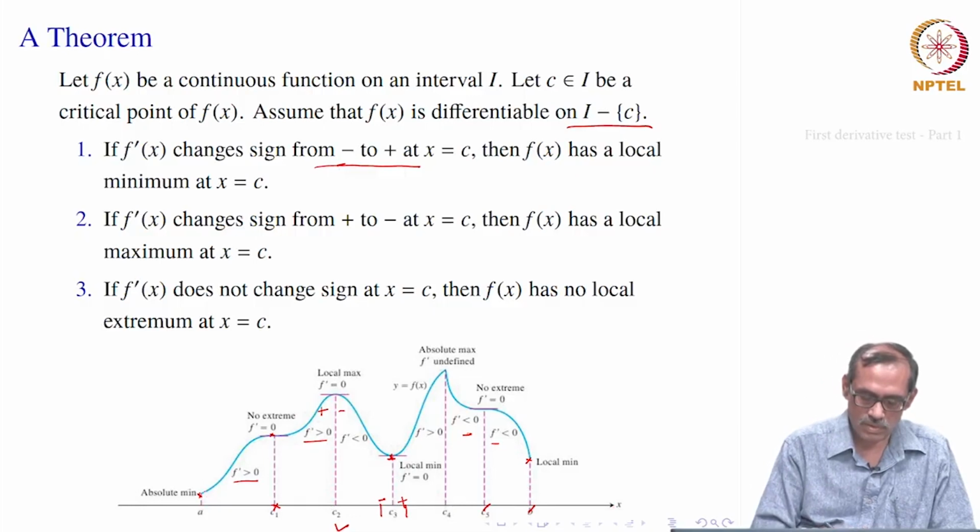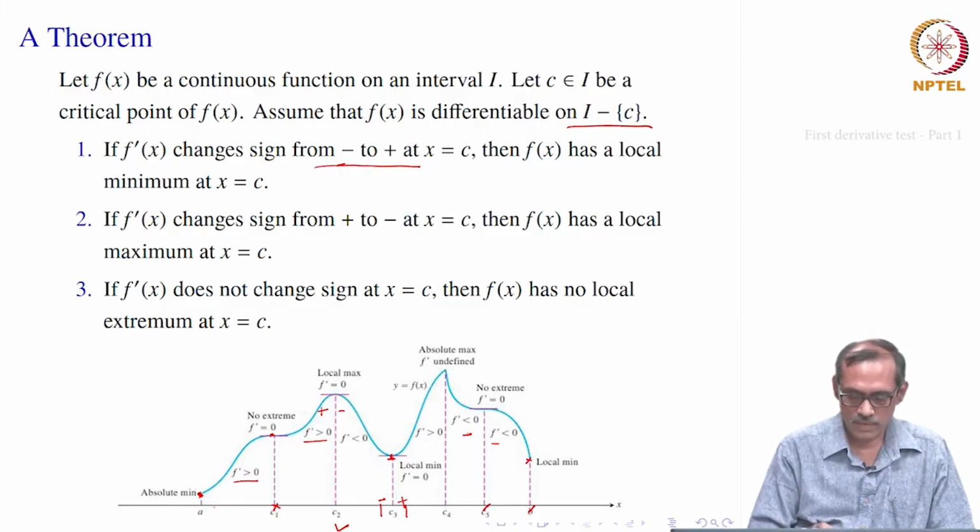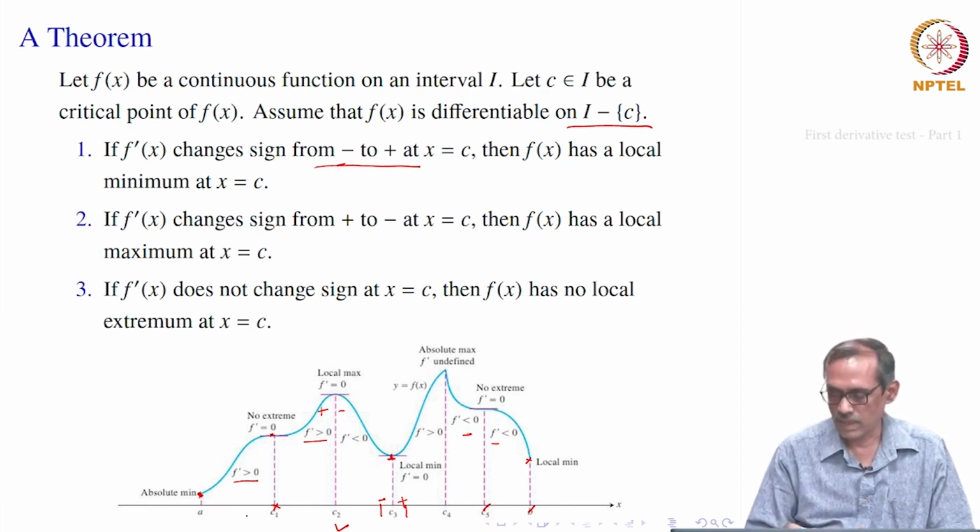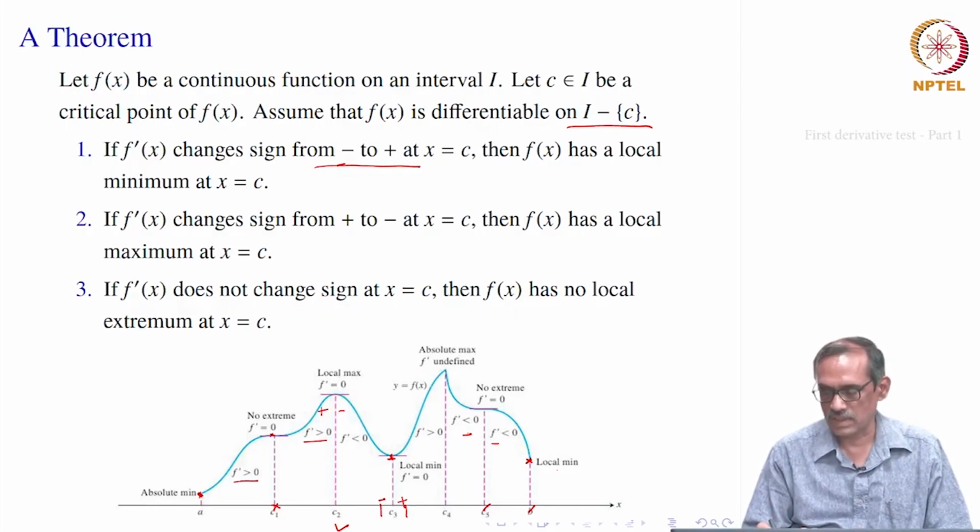So, in this case we would say that there is a local minimum at x equal to a if f prime is positive after a, right, that means f is increasing after this. So, it becomes a minimum.